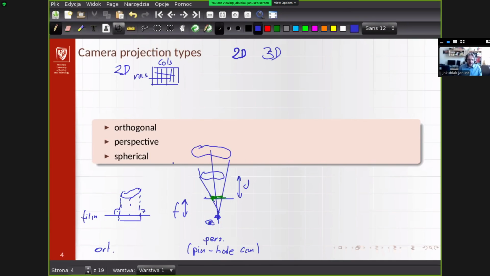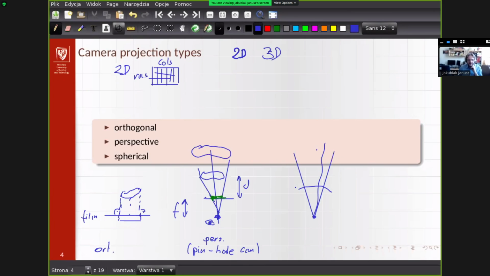One more special interpretation is the spherical projection. The assumption is that we get more or less the same focal point approach, let's say direction, but the film plane is not really flat.